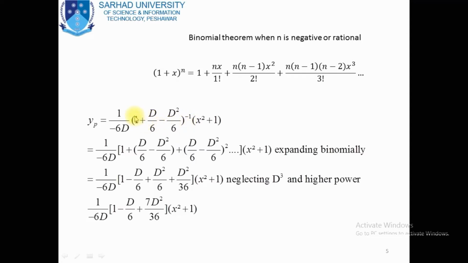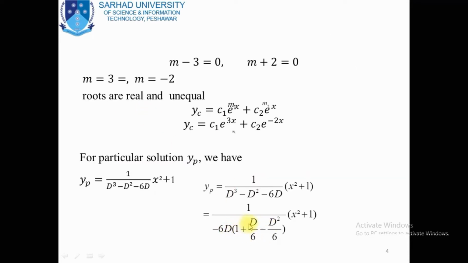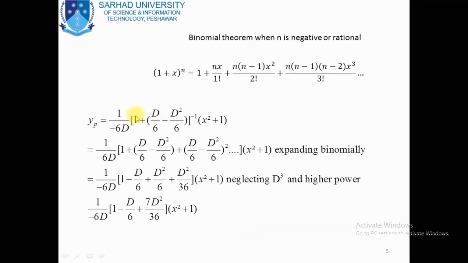Dear students, 1 is the first term and D by 6 minus D square by 6 is the second term of the binomial theorem, as in the previous slide, where we wrote minus 6D into 1 plus D by 6 minus D square by 6.